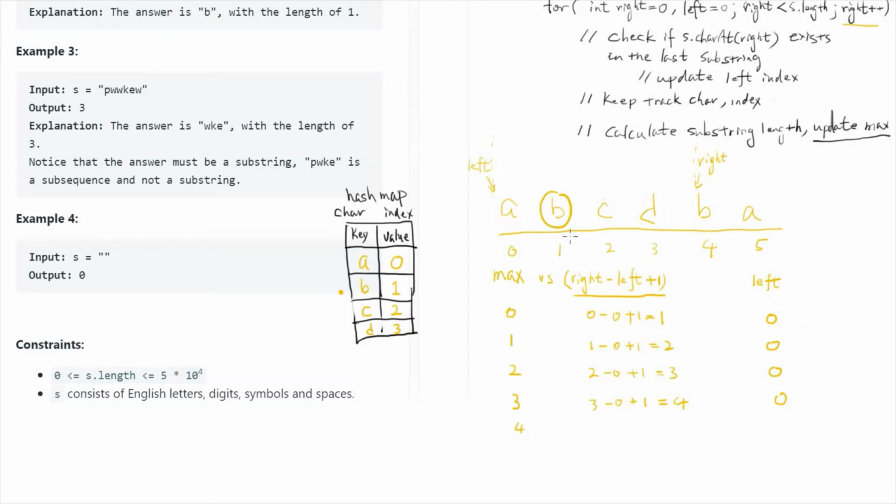Which means the previous position of B is greater than the left. So here we'll compare the Hashmap's position for the current character.